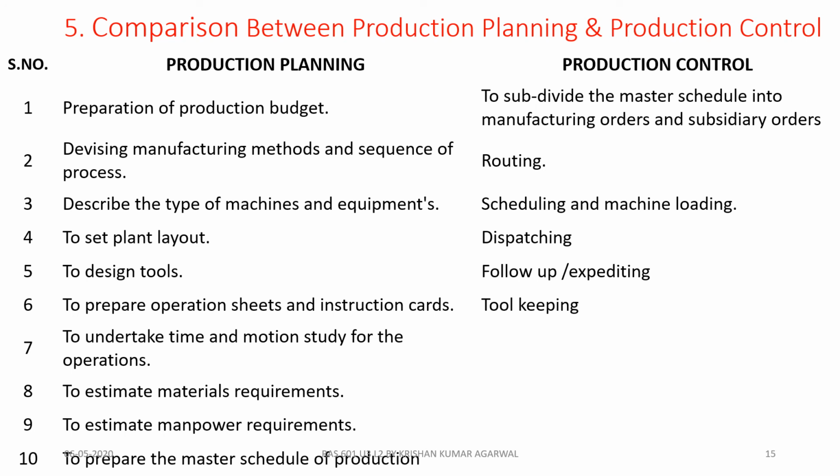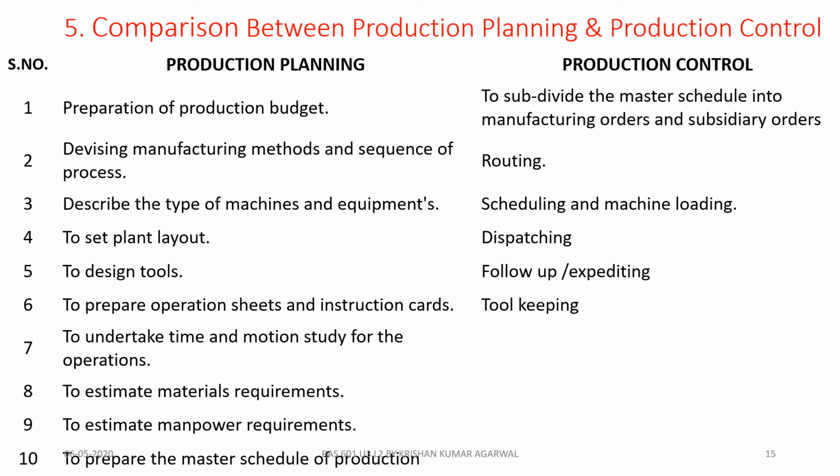They have to describe the types of machines and equipment that can be used for the production process. They have to set the plant layout, and they also have to design the tool. They have to prepare the operation sheet and instruction cards. They have to undertake the time as well as motion study for the operation. They have to estimate the material requirement and manpower requirement, and accordingly prepare the master production schedule.